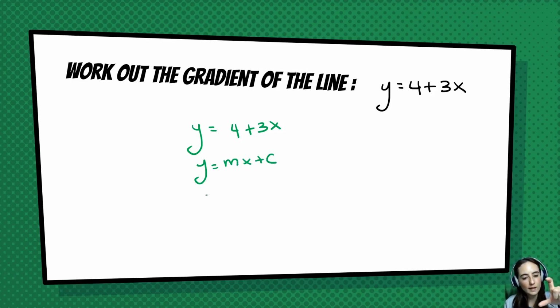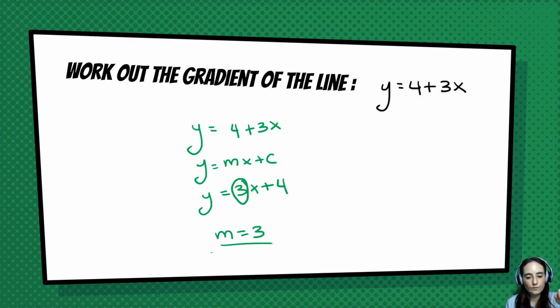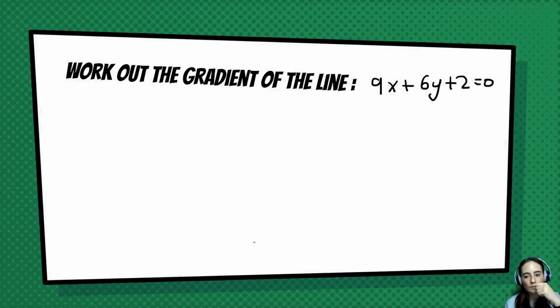You wouldn't necessarily have to, but just to make things a bit more precise, it will actually be like this, 3x plus 4, just so you don't get confused. Remember, your gradient is the one that is attached to x by a times, and there you have it. Okay, so m equals 3. Any questions? Reach out.